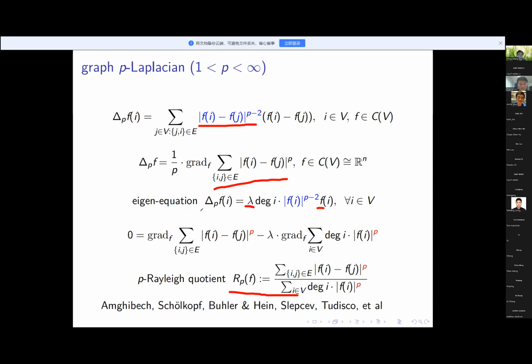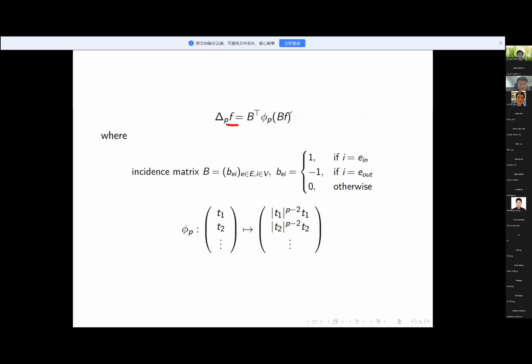If we regard the function f as a vector in R^n, then we can write the p-Laplacian in the matrix form. Here we use the incidence matrix of a graph, and phi_p is a map that maps each component to its power p minus 1. And if p is 2, we get the identity.